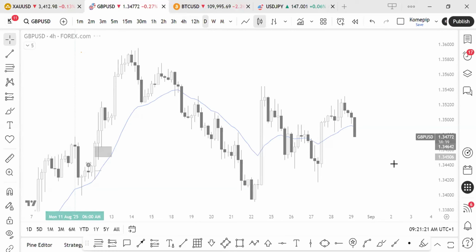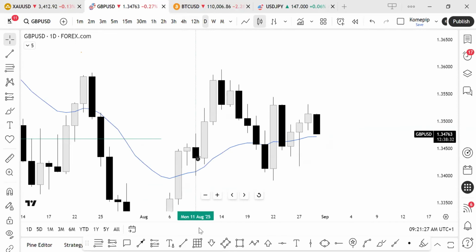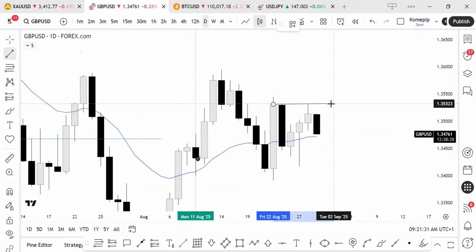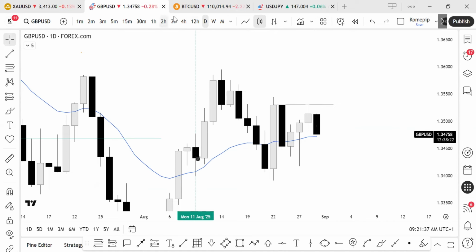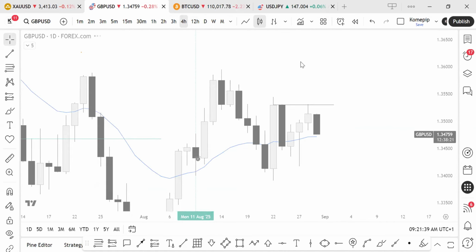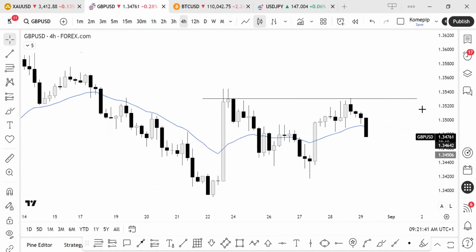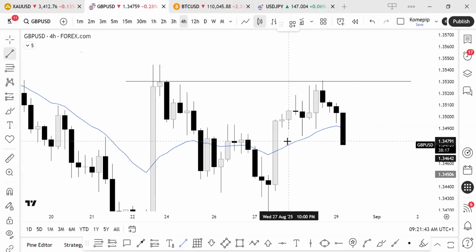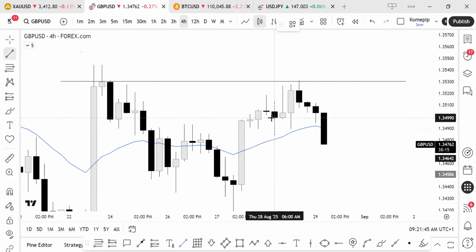Now, first things first, we see where price is coming from. Price is coming from here. I guess you need to wait for the setup to be rightly formed. Okay, so we have a good zone here.